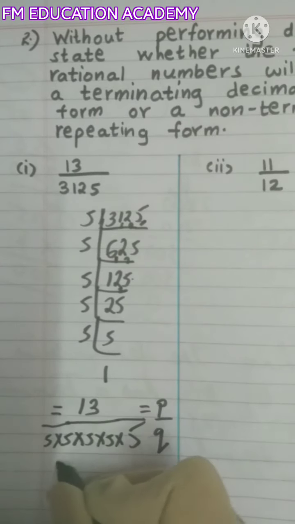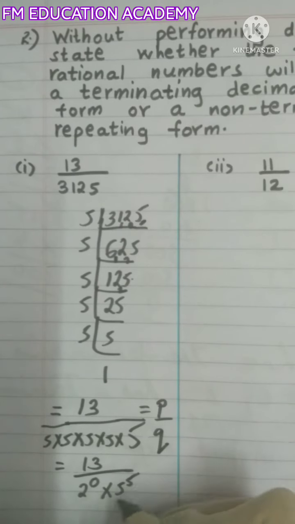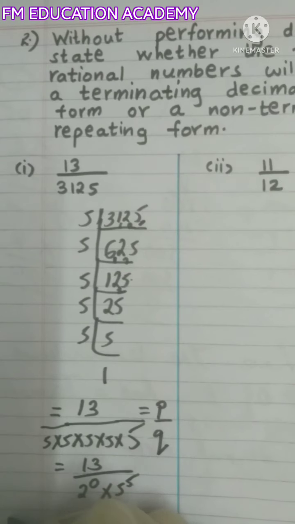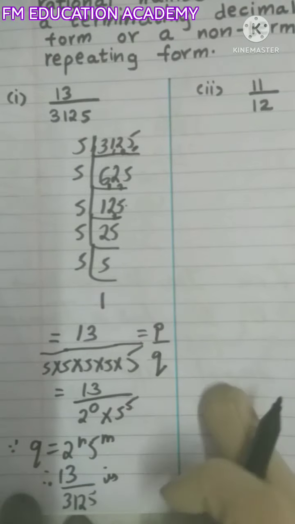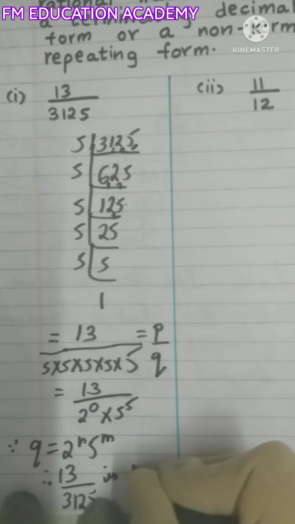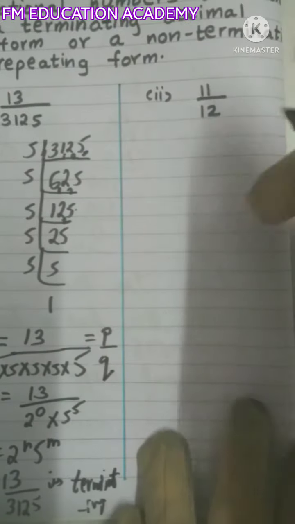We can write this as 13 by 2 power 0 into 5 power 5. Why 5 power 5? Because 5 is there 5 times. So we know that we can express Q in the form of 2 power n into 5 power m. Therefore 13 by 3125 is terminating.